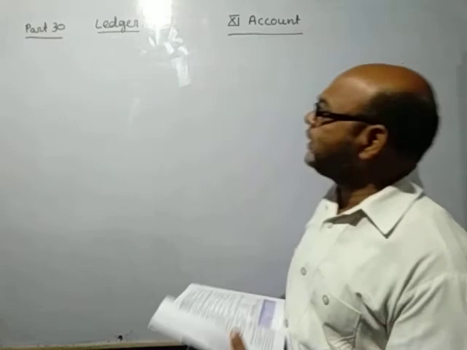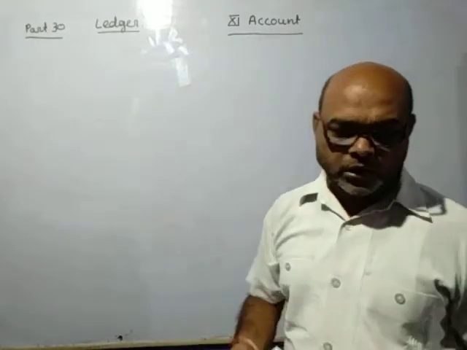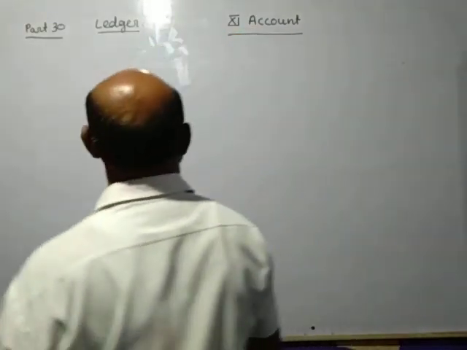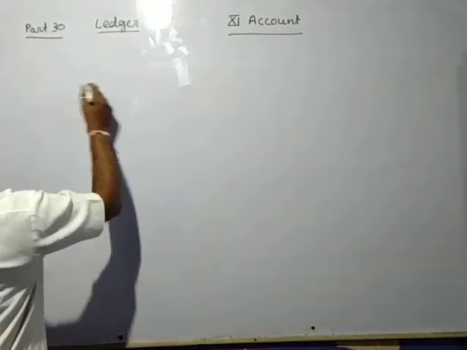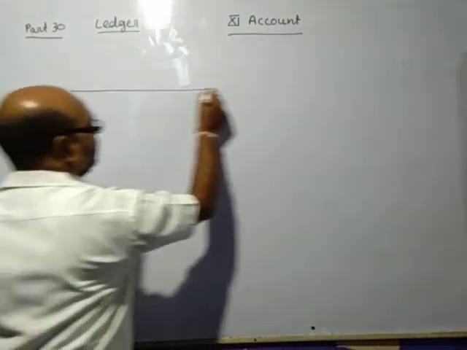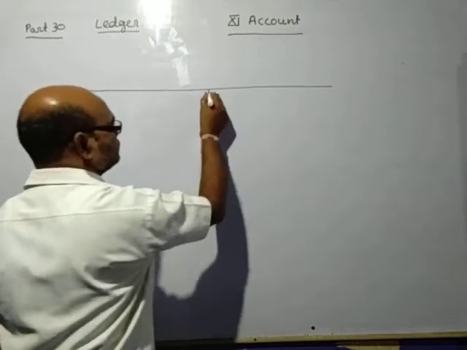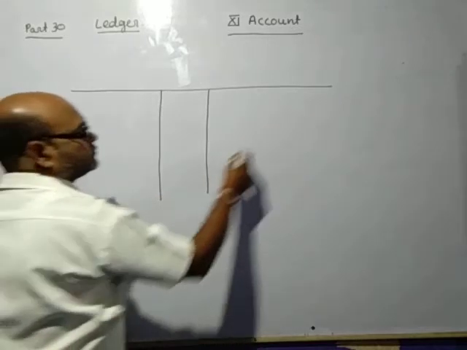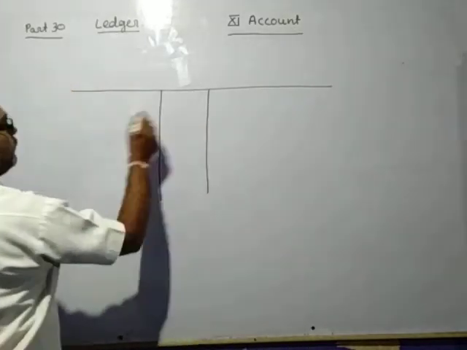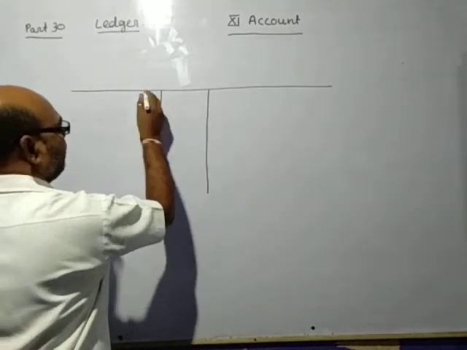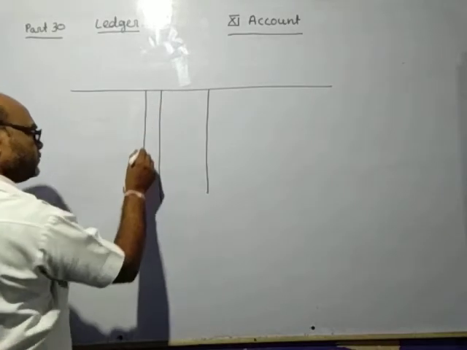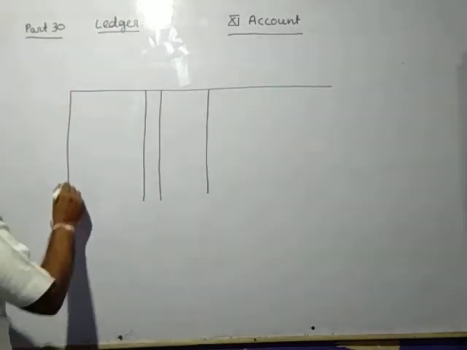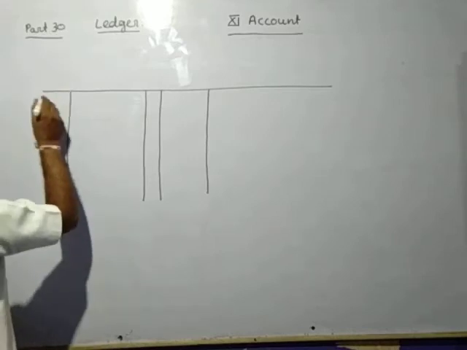So how will you record in the ledger? First, see the format of the ledger. This is the format of ledger. This is the column of amount, this is the column of general folio, this is the column of particulars, and this is the column of date.